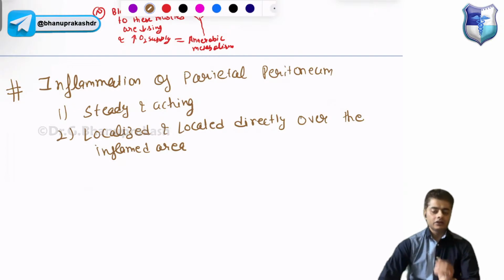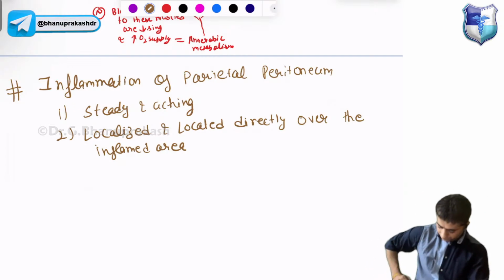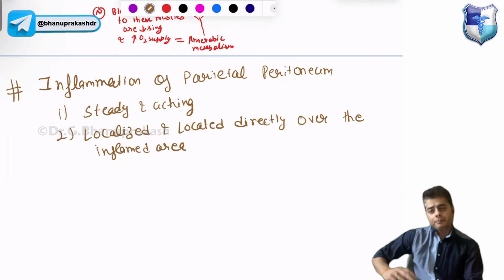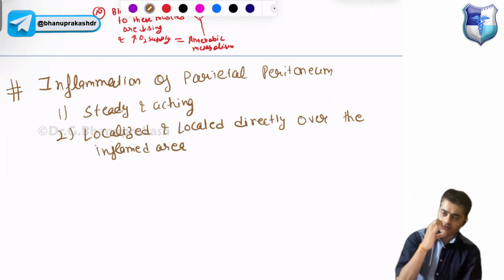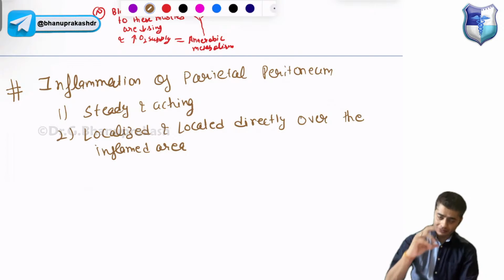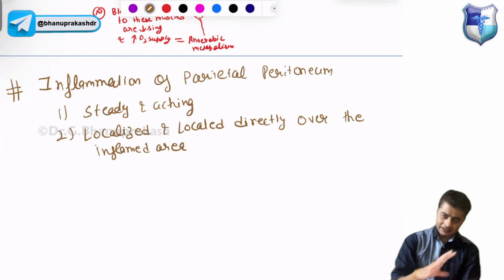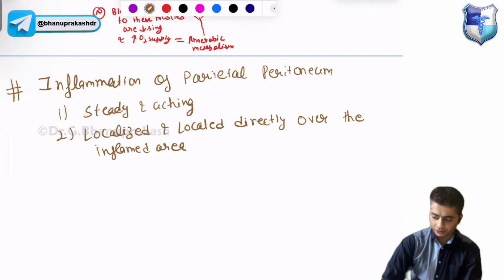What happens in appendicitis? Whenever you touch the patient in the lower quadrant, the muscles around it will protect the appendicitis from being touched. So they will undergo local guarding or rigidity, mainly guarding. So this localized and located directly over the inflamed area is the presentation of inflamed parietal peritoneum.